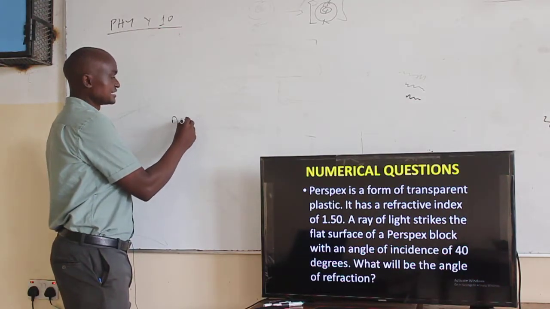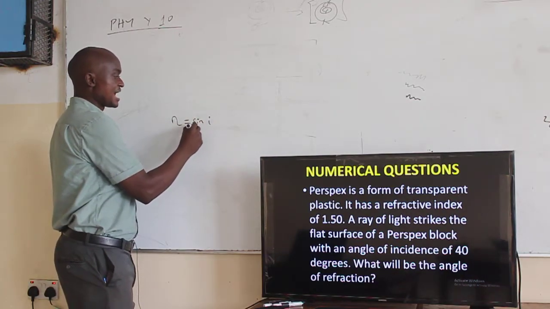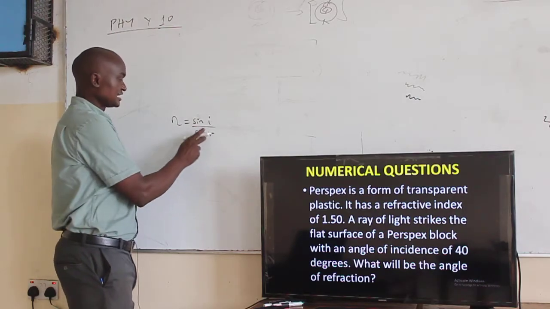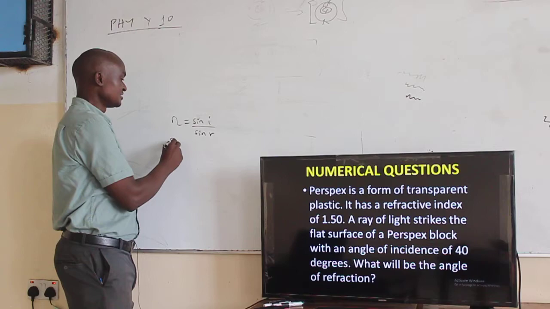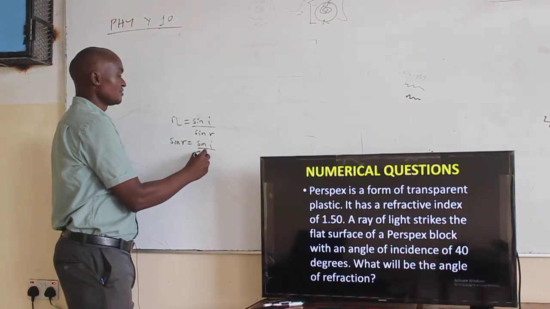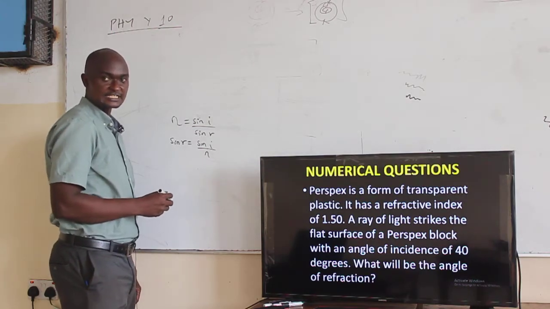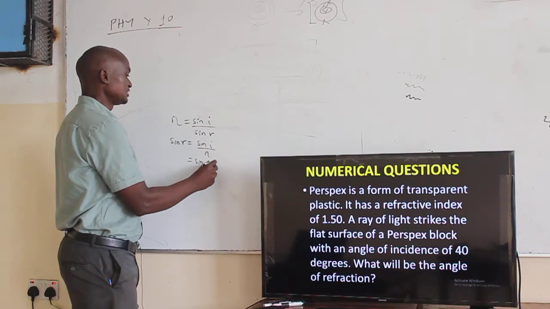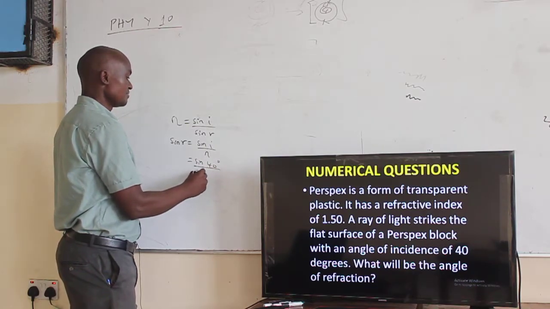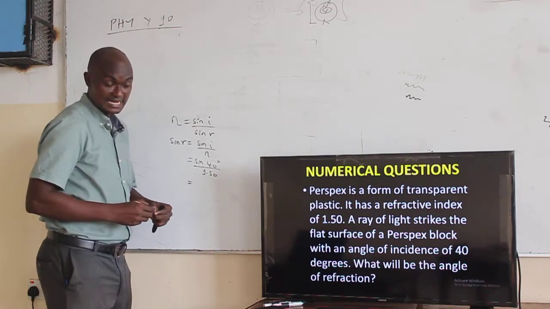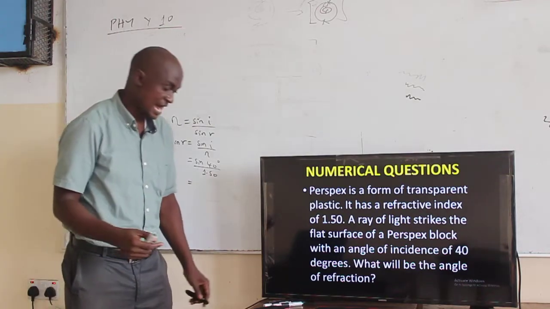The refractive index is sine i over sine r. And that means if we do a cross multiplication, sine r is sine i over the refractive index. Sine i is sine of 40 degrees divided by 1.5, and you get our answer, which will be the sine of r.